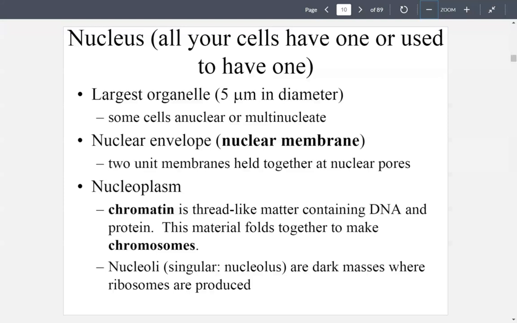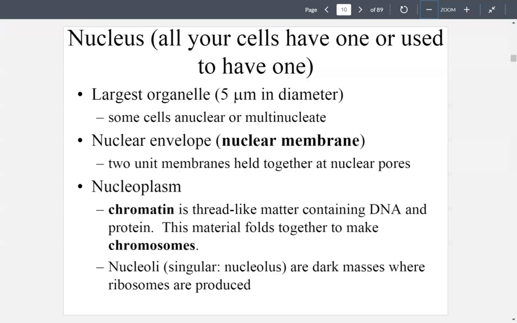Now, located within that nuclear membrane, we are going to find nucleoplasm. What is nucleoplasm? Nucleoplasm is going to be fluid plus everything found within the nucleus. If you're going, wait, that sounds like cytoplasm, you would be correct. It's that same concept. Specifically, though, the nucleus is going to have chromatin. Chromatin is a thread-like matter containing DNA and protein.